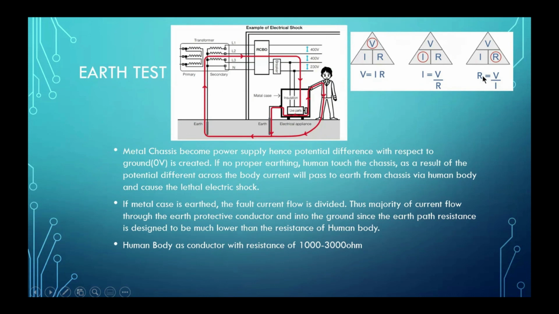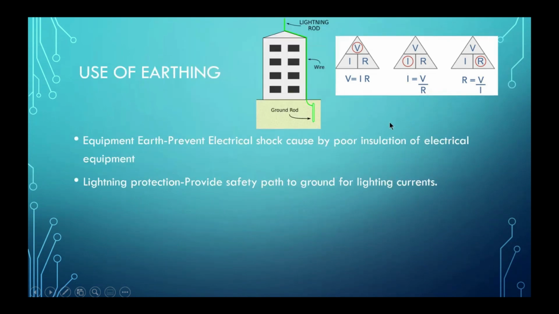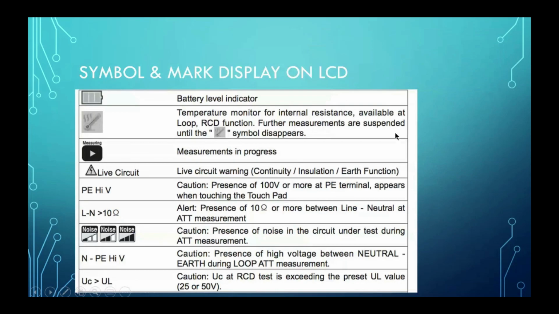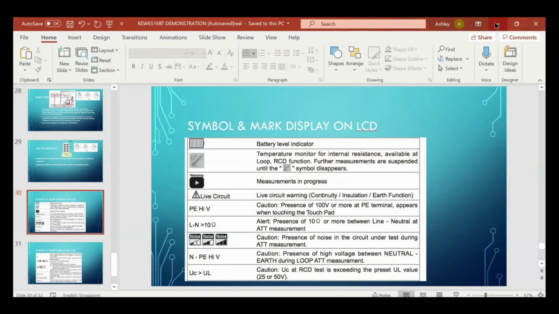It means your earth must be low enough for a big current to pass through, and follow the standard. There is a standard to follow. This is why we need this instrument to test earth resistance. Understand? Now I think I have explained all of this already. Now we go to the demonstration.